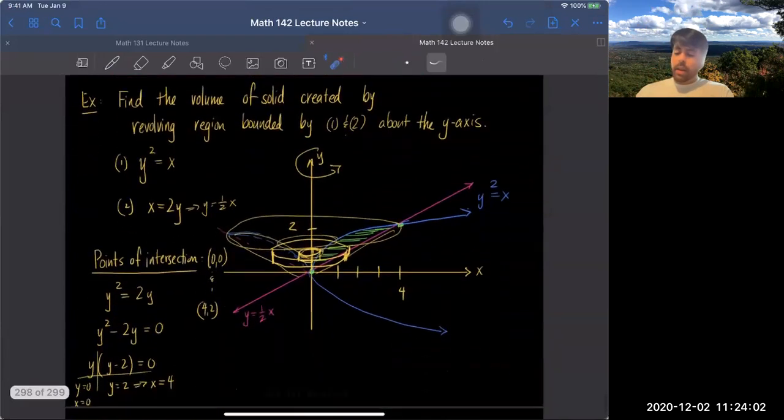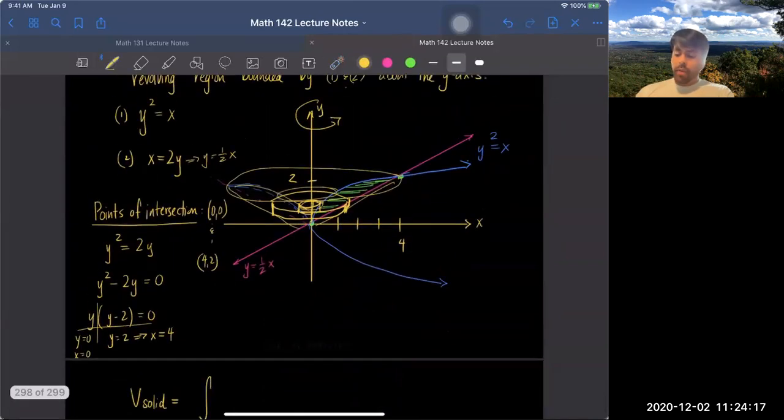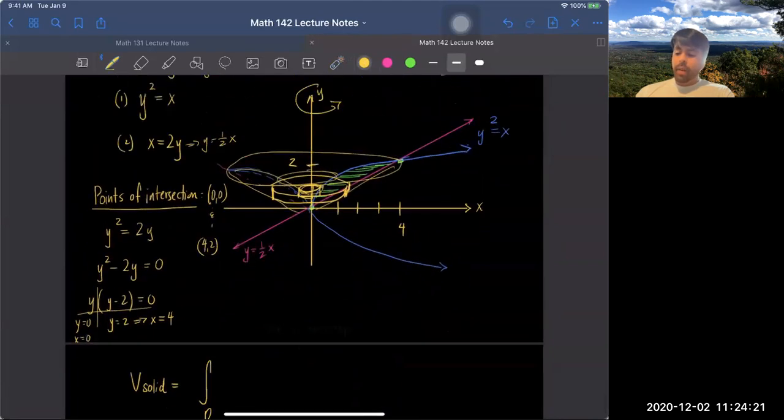In this case, my disks are horizontally sliced, but vertically stacked. So my integration bounds are not going to be the x interval, it's going to be the y interval. So my lower y value would be 0. My upper y value would be where they intersect. They intersect at 4 comma 2, right? So my upper y value would be 2.